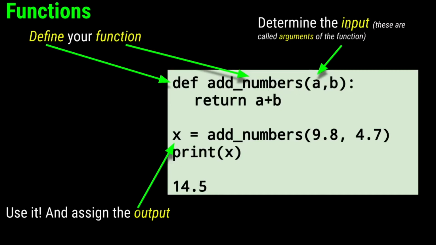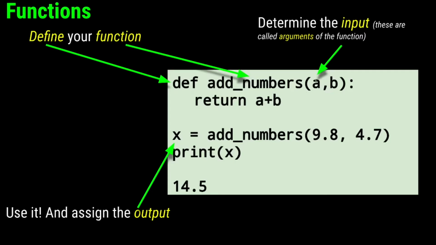It takes as input two variables, A and B, and notice that there are no numbers assigned to these. It's going to take whatever you pass in for these and then do something with it. And this input is called arguments. So I have two arguments for this function. And then what it does is it returns the sum of A plus B.